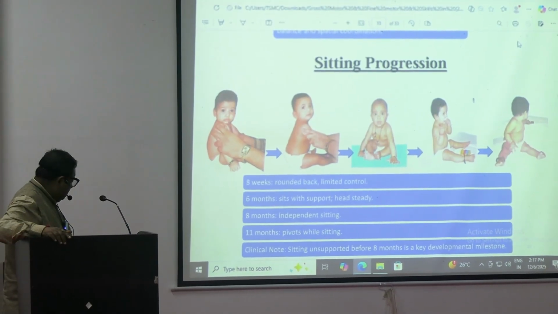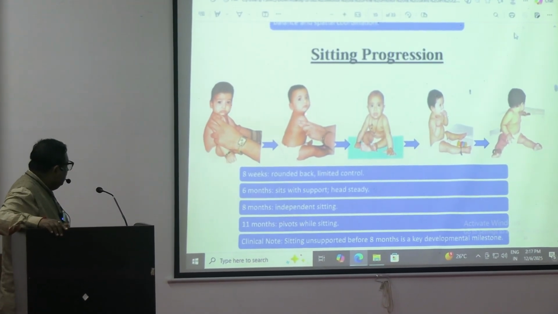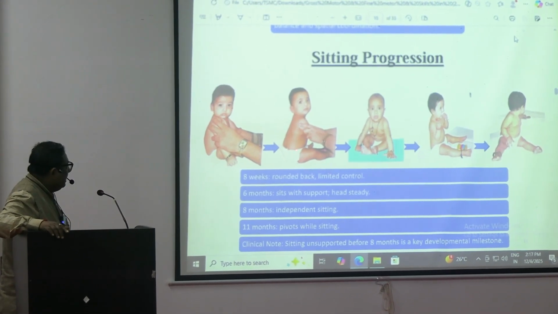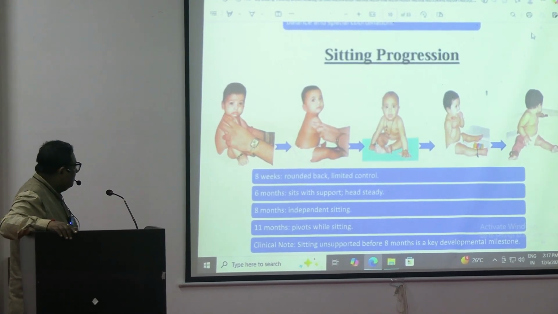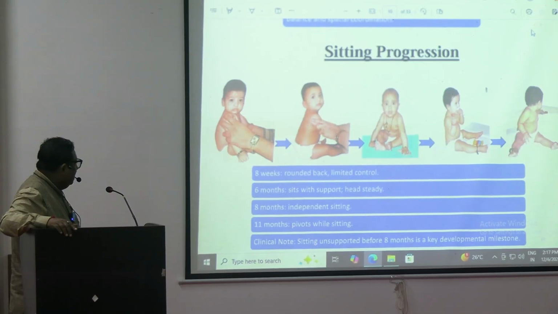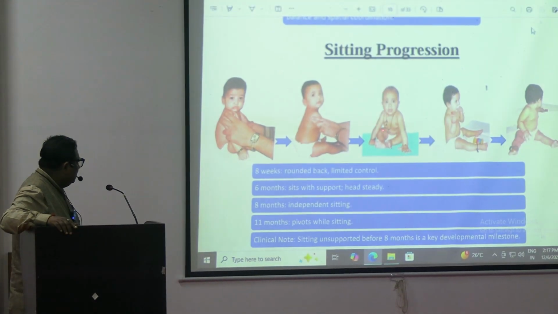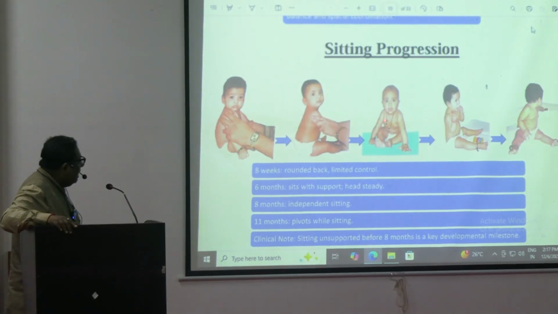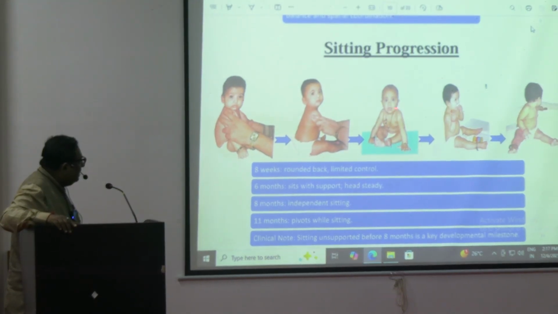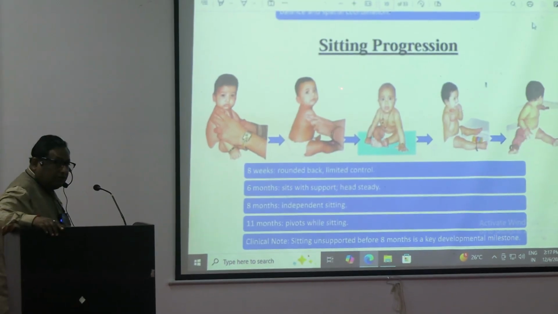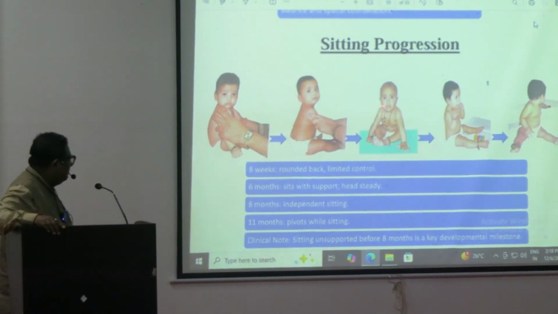At 4 months, the baby starts sitting with a straight back. Okay? At 6 months, the baby sits with support. What is the support? This is the hand. With the hand giving support. This is called sitting with support at 6 months of age.